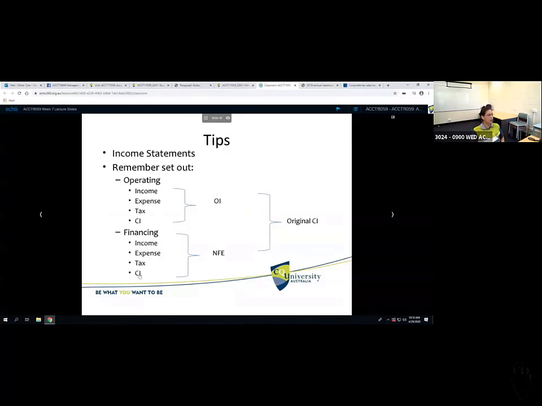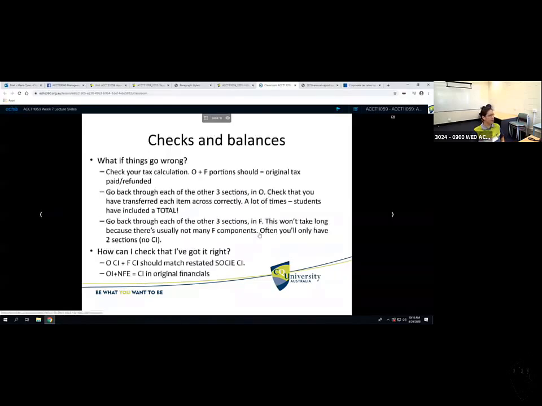And a lot of times you won't have any financial CI either. Okay, so most of your other comprehensive income you'll probably find is operating rather than financial. But sometimes you might have 1 or 2 items. Okay, so just go through those, make sure that you've linked them correctly across. So it's a bit tedious.